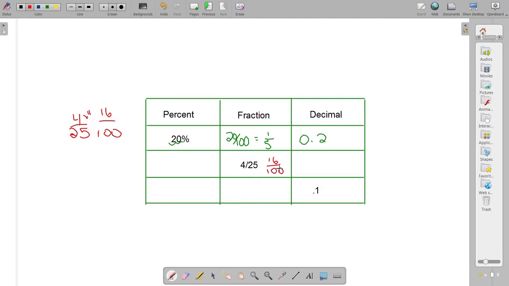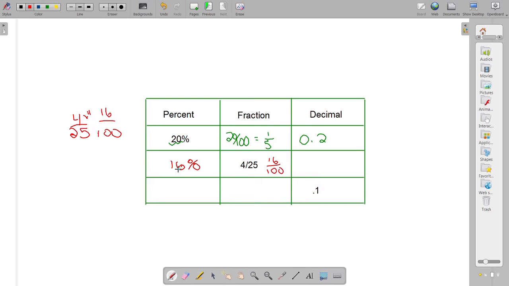If I wanted to write that as a percent, remember percent is out of 100. If I have 16 out of 100, this is just 16%. Now to get the decimal in this case, we could take 4 divided by 25, punch that in your calculator, and you can get a decimal. Or, like I mentioned before, if you have the percent, it's much easier to get the decimal.